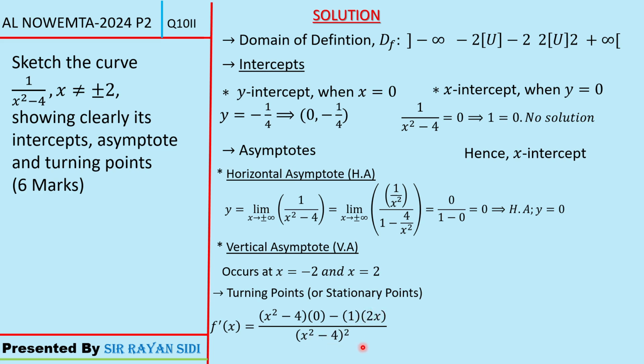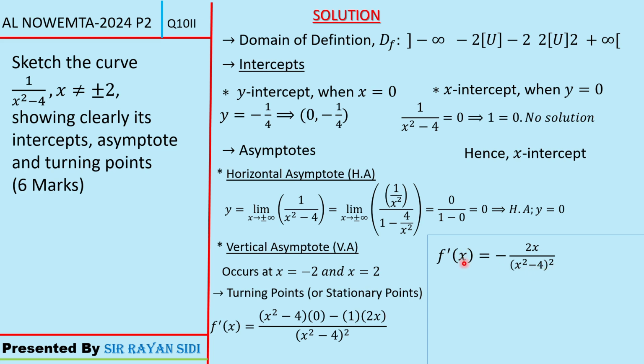So divided by the denominator all squared. That's all about the quotient rule. I think I'll make a video on the quotient rule so that you should have a better understanding of it. So now after that, we simplify. We'll get that f prime of x is equal to negative 2x all over (x squared minus 4) all to the power 2.